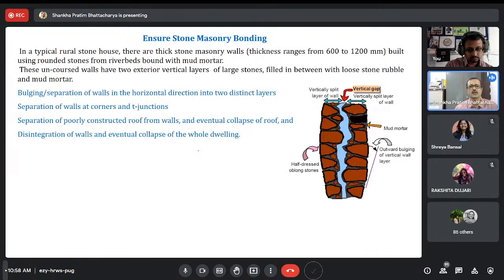The problem of stone masonry is that it is thick, and in the time of an earthquake, there is a split between the two parts of the wall. It will be a horizontal gap because of the thickness of the wall. You may not have a stone equal to the width of the wall, and that creates a discontinuity, and the split is going to happen.